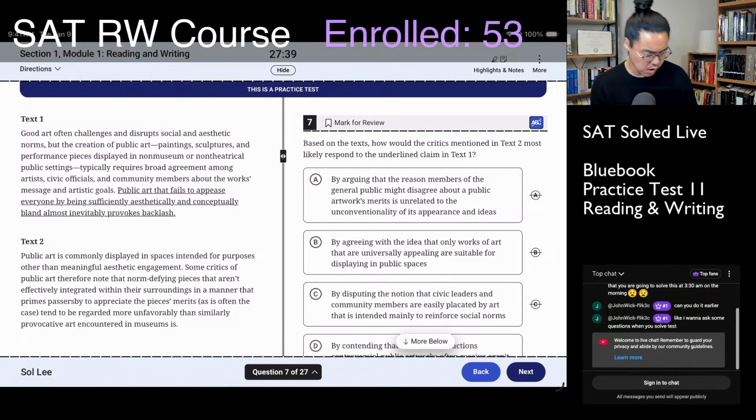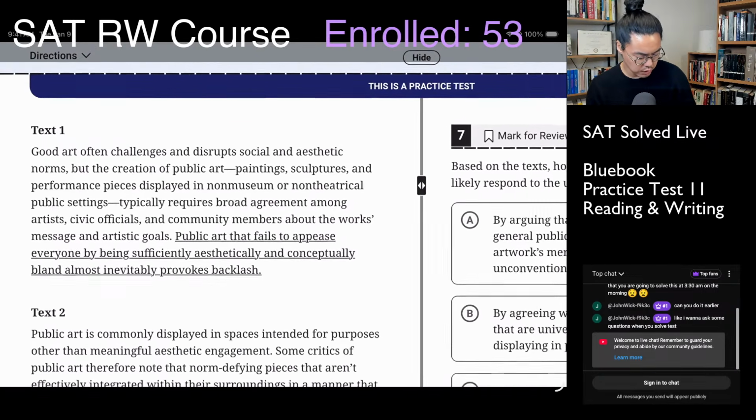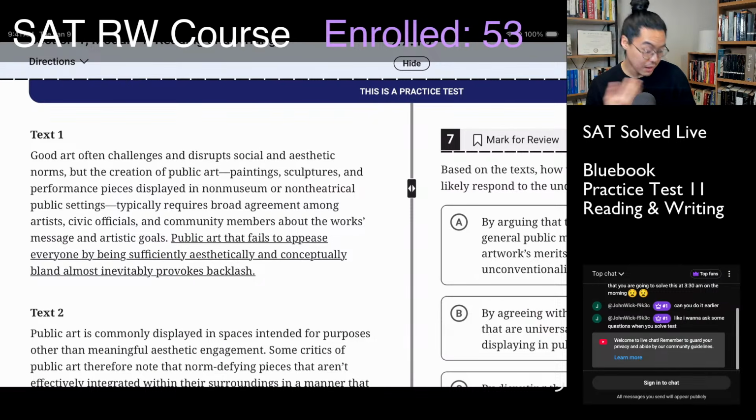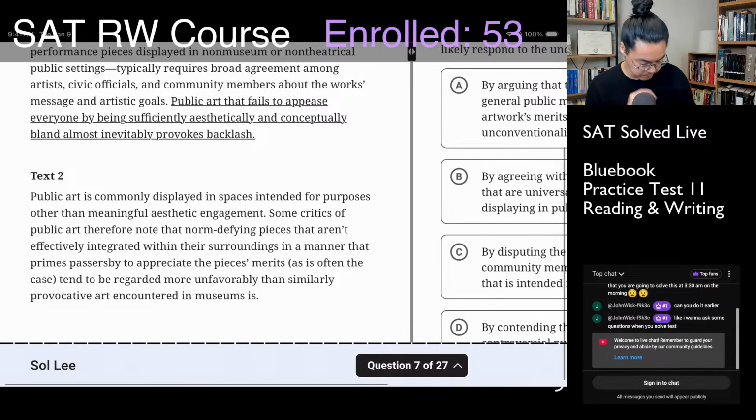Good art challenges, disrupts norms. But the creation of public art typically requires broad agreement. And if you don't appease everyone, you need to be bland. Okay, so public art can't be good art, basically. Norm defined pieces.